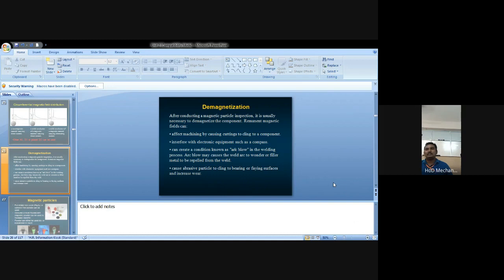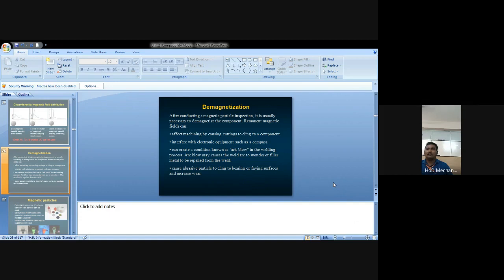Another one is that they interfere with electronic equipment such as a compass. If the testing material has to be used for electronic components, that will also affect the magnetic property in these applications. And we can create a condition known as arc blow in the welding process.